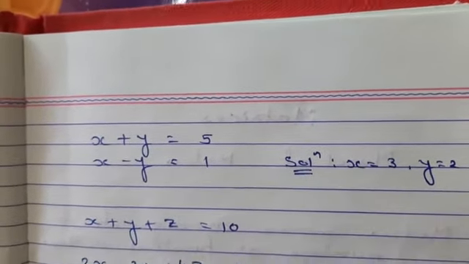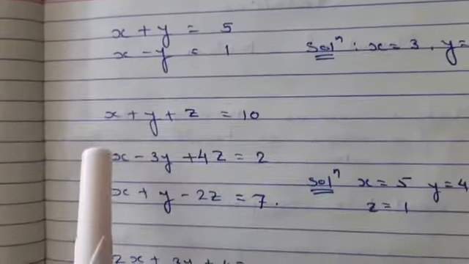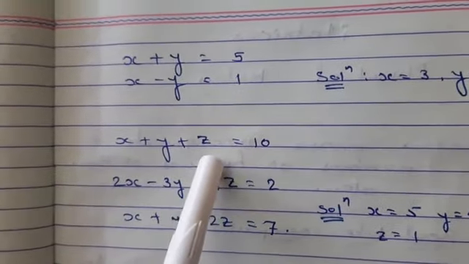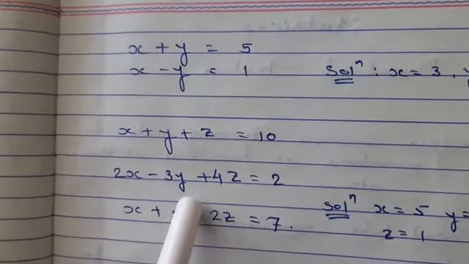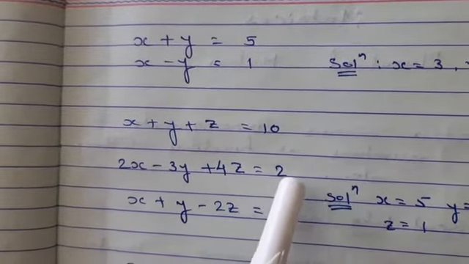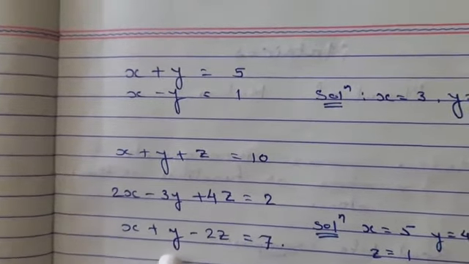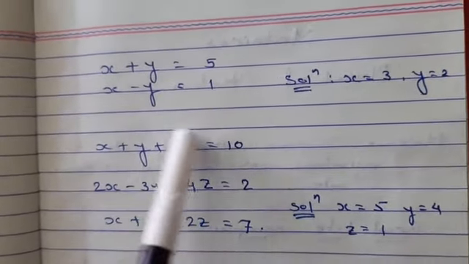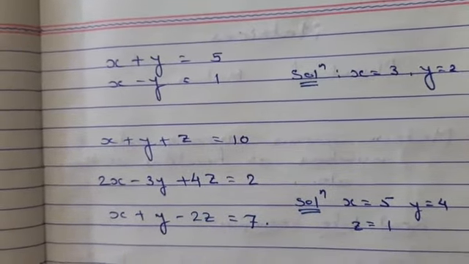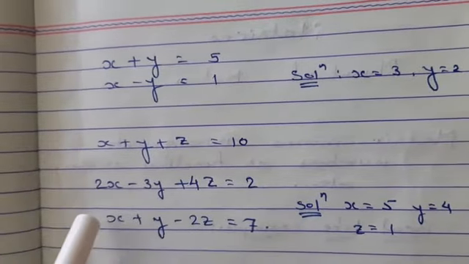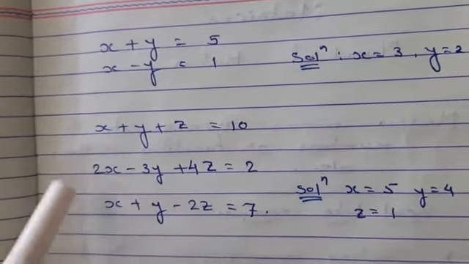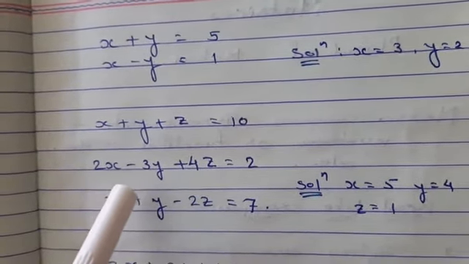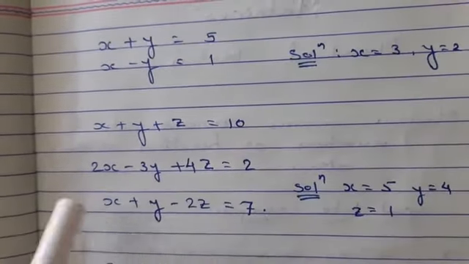Now let us move on to the next problem, that is x plus y plus z is equal to 10, 2x minus 3y plus 4z is equal to 2, x plus y minus 2z is equal to 7. Now if we want to solve this system of linear equations, first of all we have to convert this system of linear equations into two variables, and then by elimination method we can solve it.